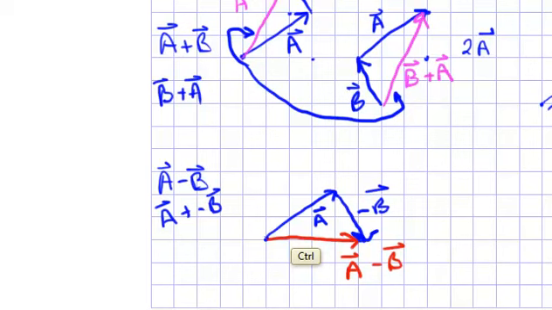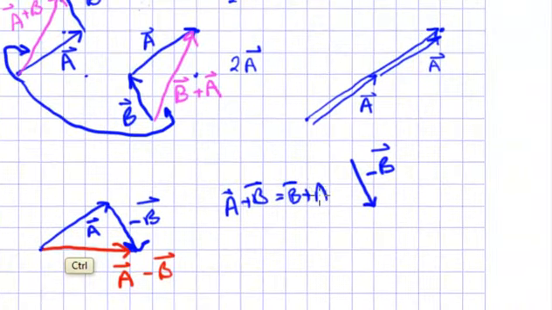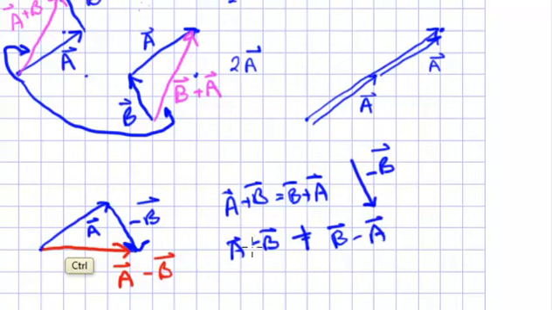In other words, although A plus B is equal to B plus A, A minus B is not equal to B minus A. In fact, these two vectors, I'll let you do this on your own, are anti-parallel to each other.